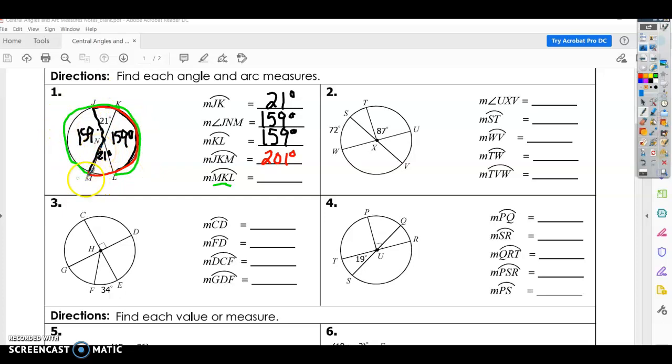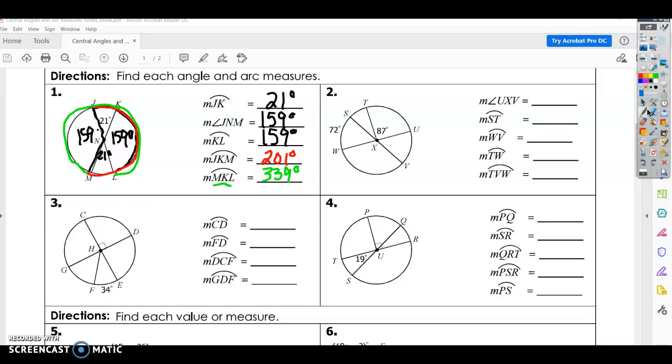So you're going to do 360 minus 21, or you could do 159 plus 21 plus 159, whichever way you want to get to it. So this will be 339 degrees. Basically you're using the fact that the circle has 360 degrees, and you know that the arc measure is the same as the central angle measure.